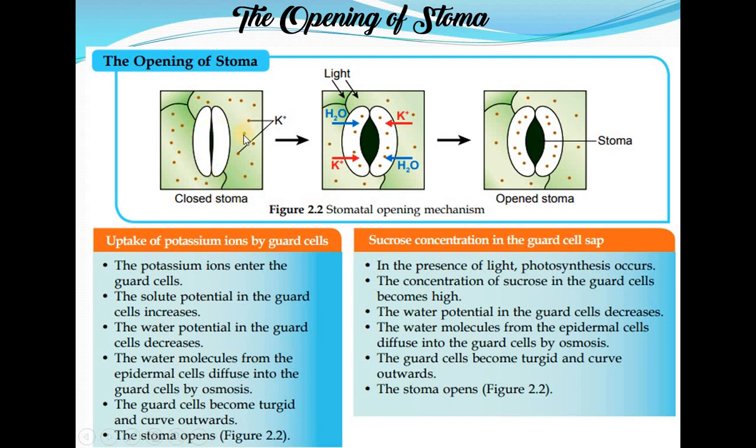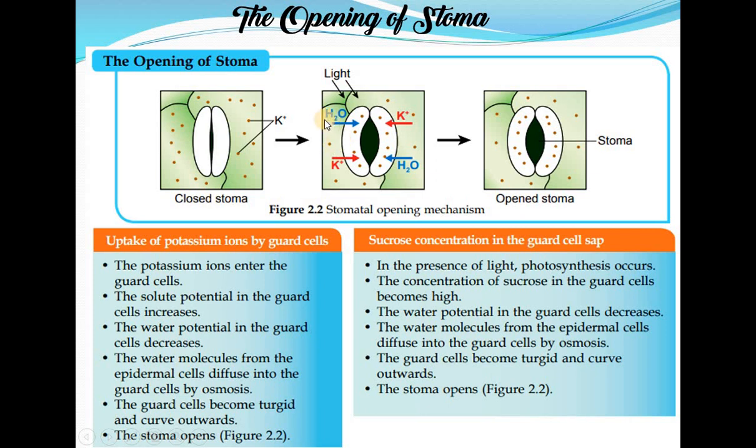This is the potassium ion. The potassium ion enters into the guard cells, and it will increase the amount of solute in the guard cell, so the guard cell becomes hypertonic to the epidermal cell.